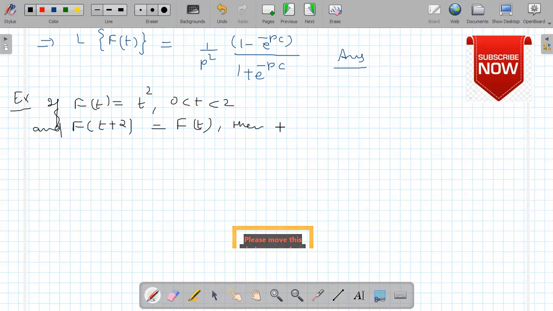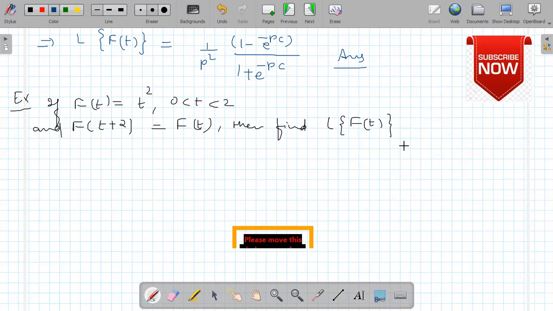Then find the Laplace of ft. This is a periodic function with period 2. It is clear here from this line. You can verify the answer.